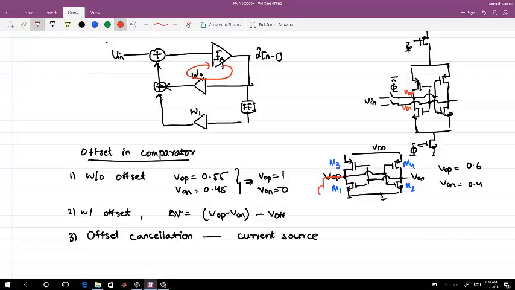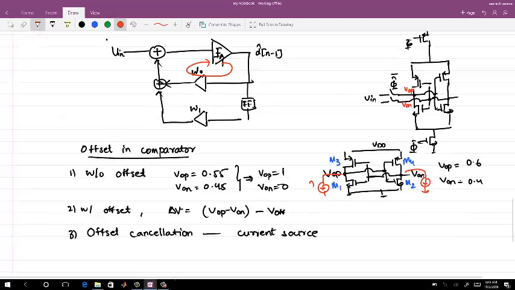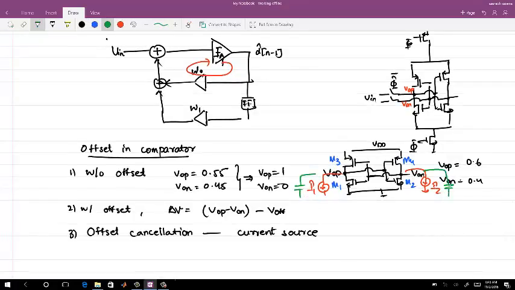If I have a current source on each of these sides, I1 and I2, by mismatching the current sources I1 and I2, I can cancel the offset. Okay. The other way to cancel the offset is I can add a capacitor on the two nodes, and I mismatch the capacitors C1 and C2 so that I make one node slower than the other depending on which is having a lesser threshold voltage. So all these things have to be done at the input of the comparator so that you can resolve a very low voltage.